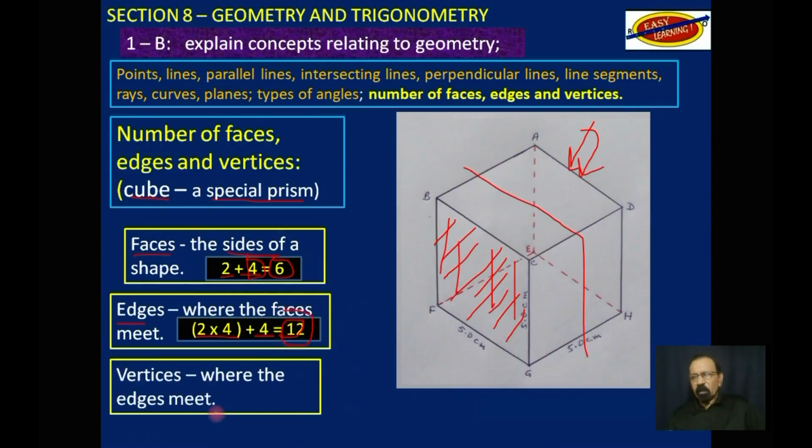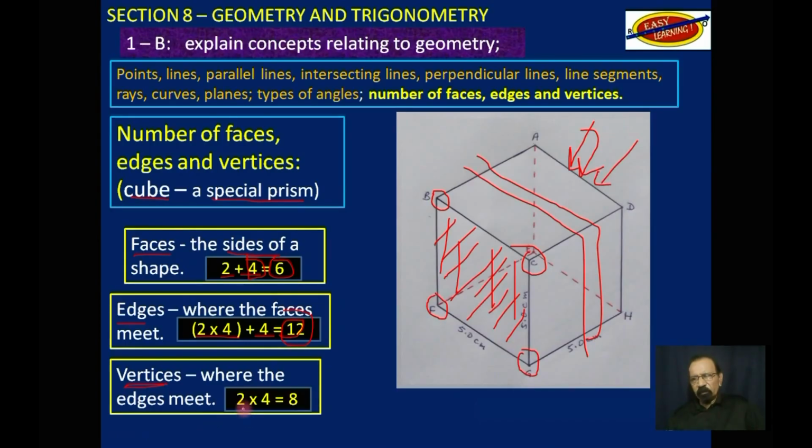How many vertices? Well, we can ignore the edges along the length and just deal with the front and the back face. Since there is a special type of rectangle here, actually a square, we will have 4 vertices in the front and 4 in the back there.